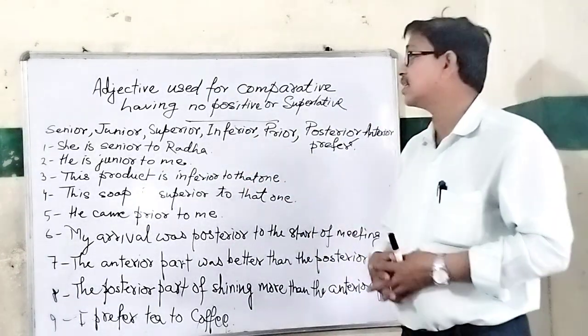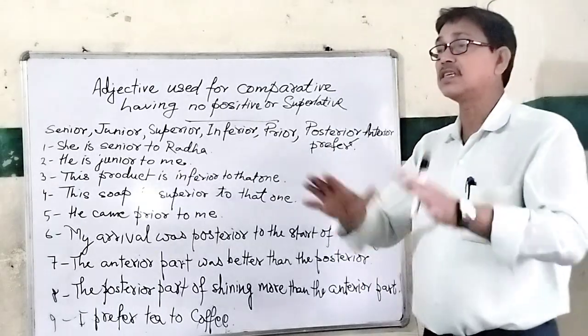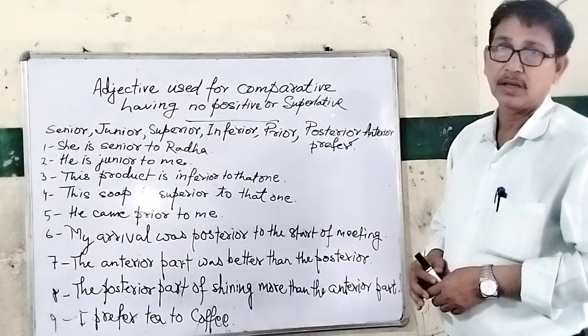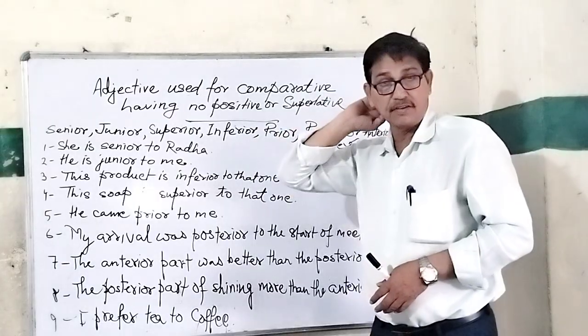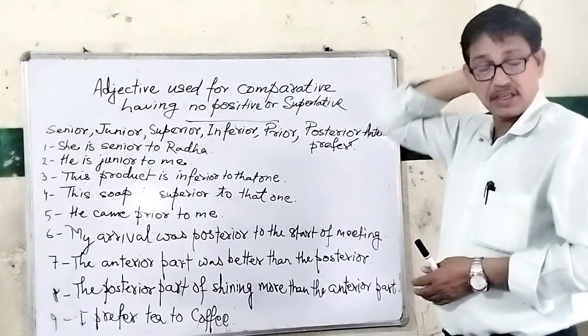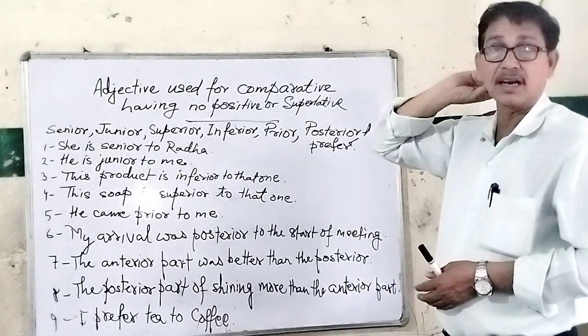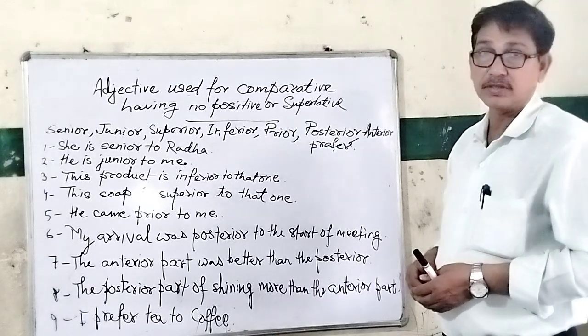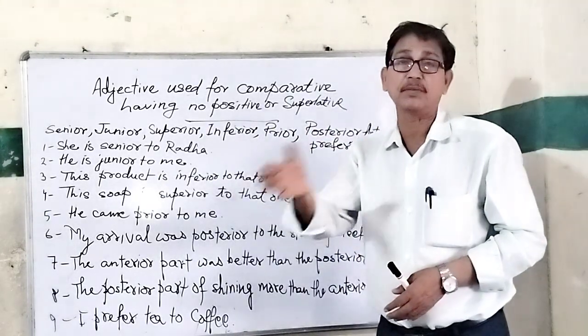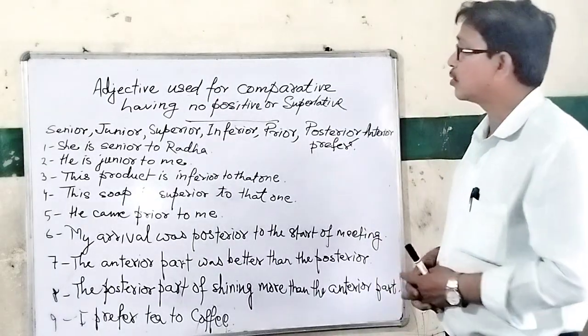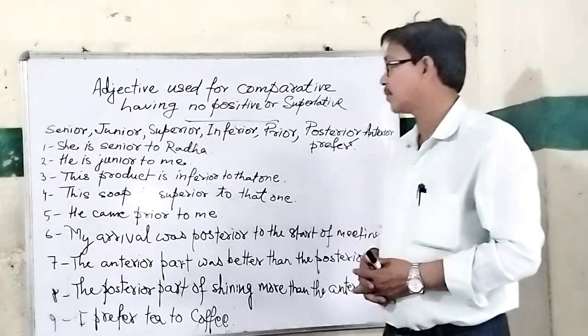If I say she is senior than Radha, this sentence will be wrong. So we have to say that she is senior to Radha. For example, suppose she reads in class 5, Radha reads in class 4. Because she reads in class 5 and Radha in class 4, that's why she will be senior to Radha. So she is senior to Radha.